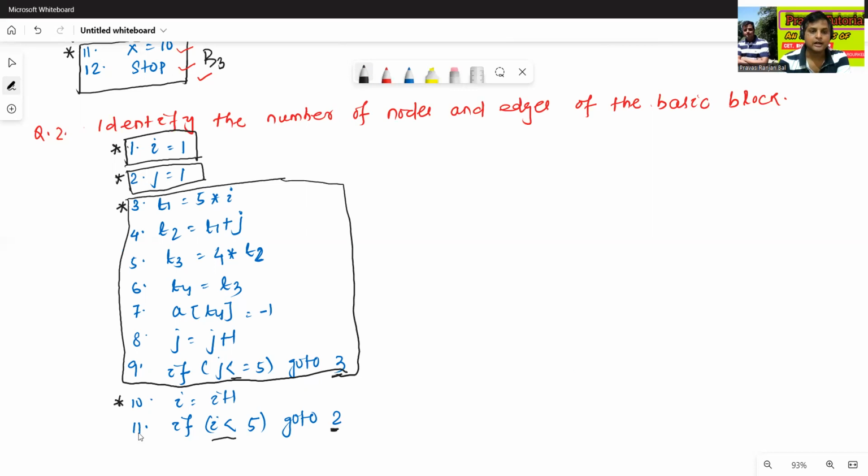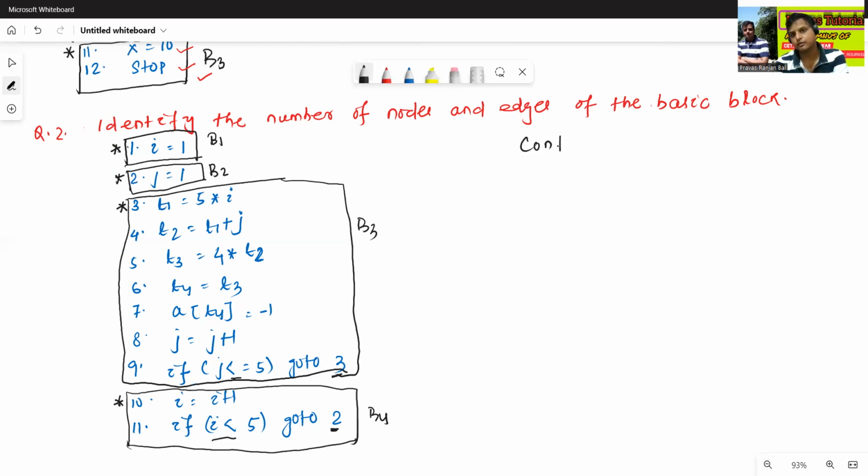Then fourth onwards, this is one basic block. That means this is basic block B1, B2, this is B3, and this is B4. Okay, then we'll construct the control flow graph.